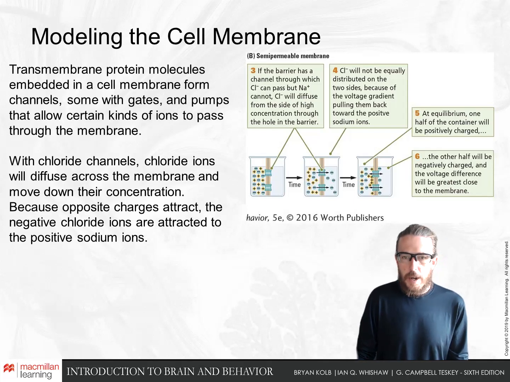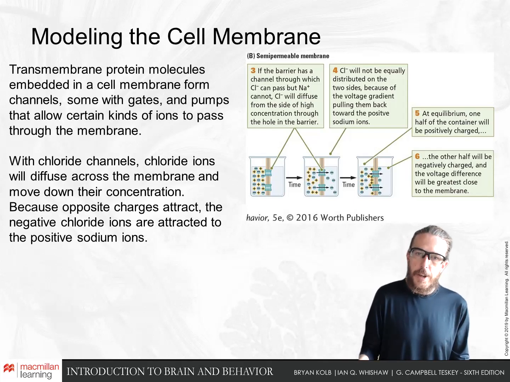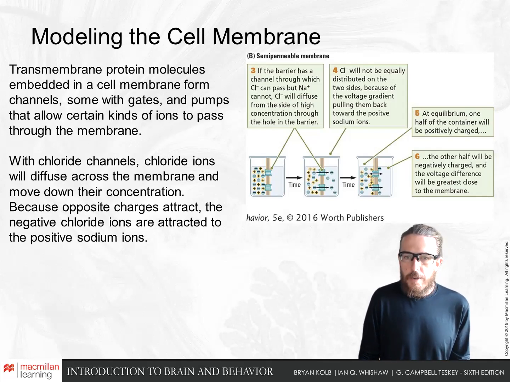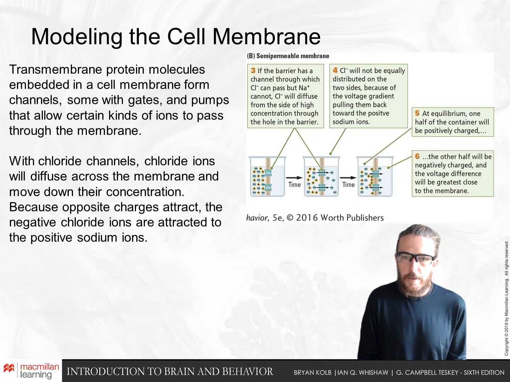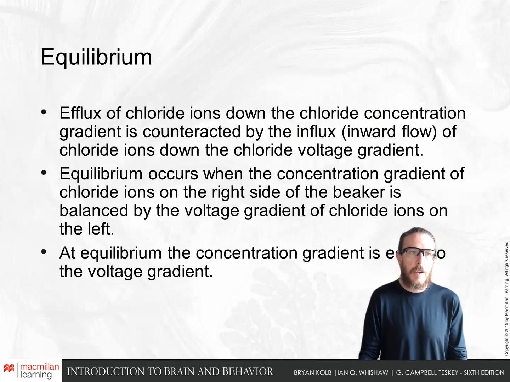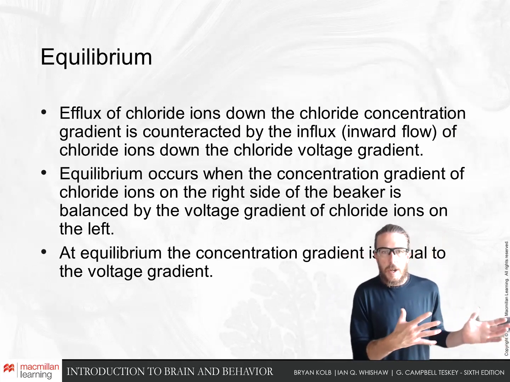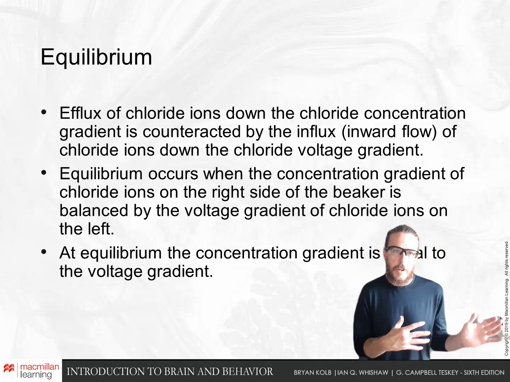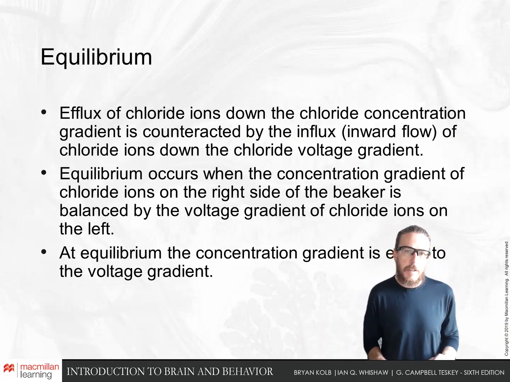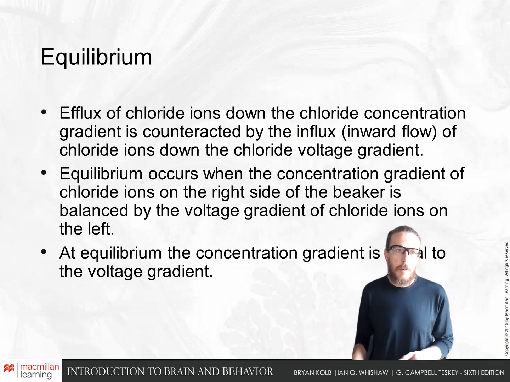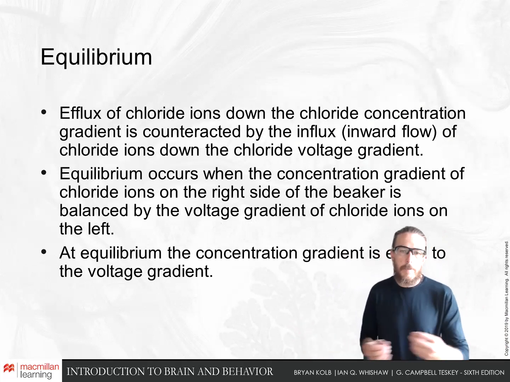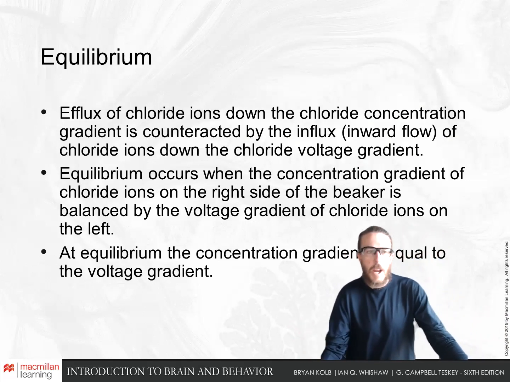So you can see here how this mix of a voltage and a concentration gradient can create interesting distributions of positive and negative ions on either side of cell membranes. So the chloride ions wanting to move with their concentration gradient into the less salty side is counteracted by chloride ions wanting to come to the positive side because they're negative.